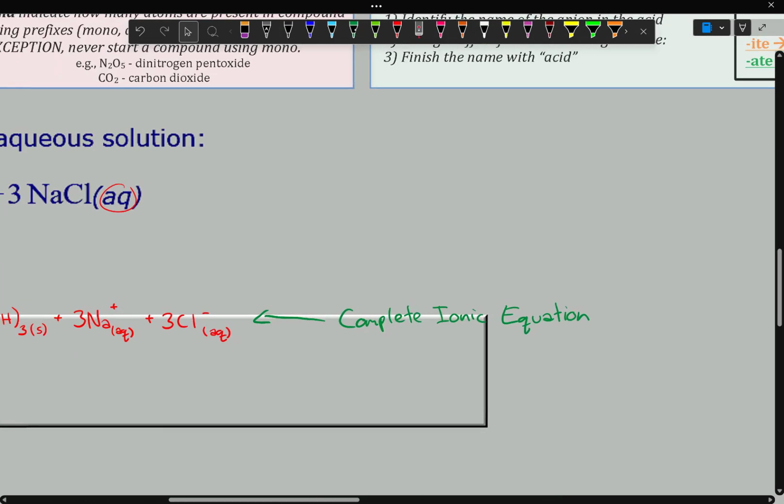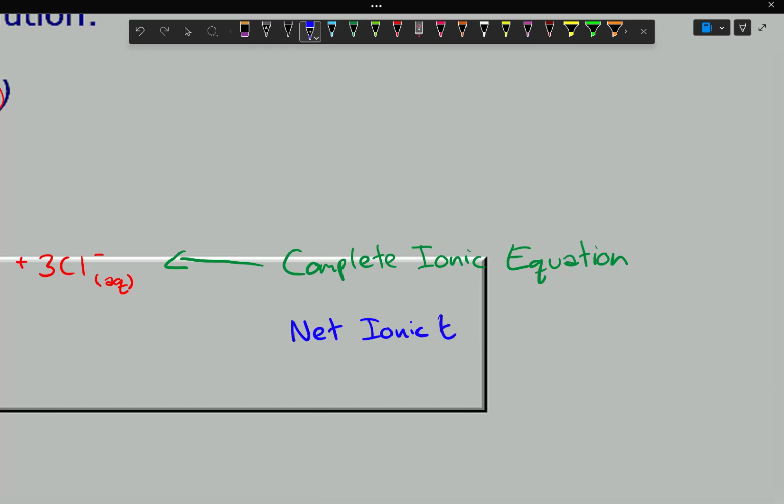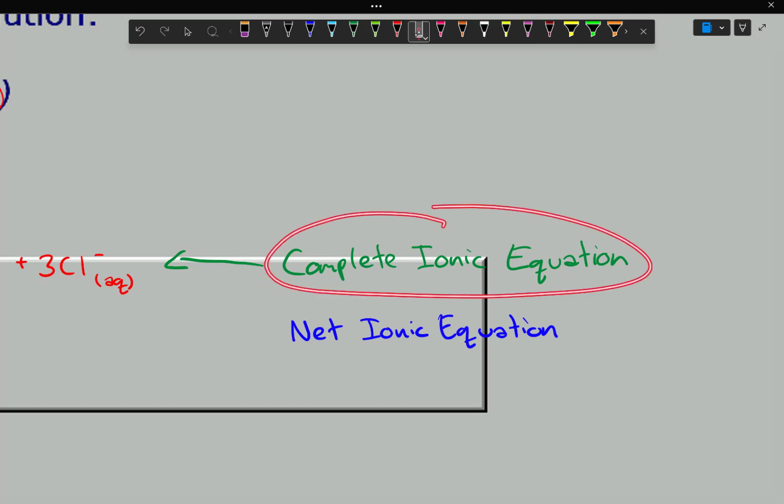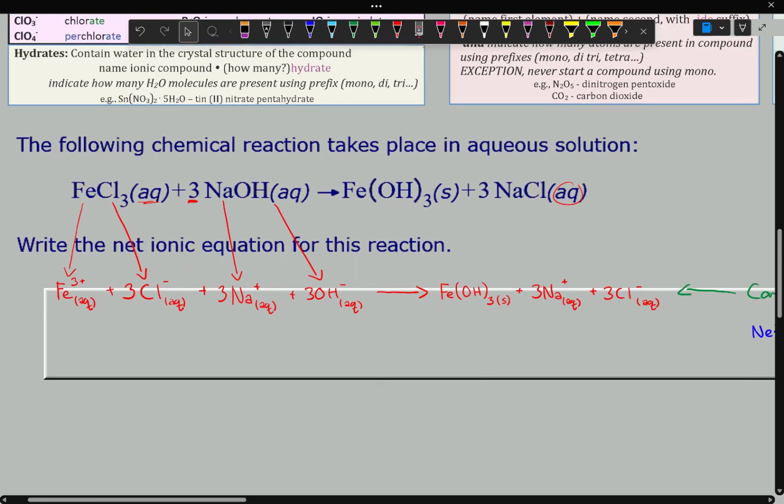Now, complete ionic equation and net ionic equation are not the same. You often need to write down your complete ionic equation before you can get to your net ionic equation. So how do we get to our net ionic equation?